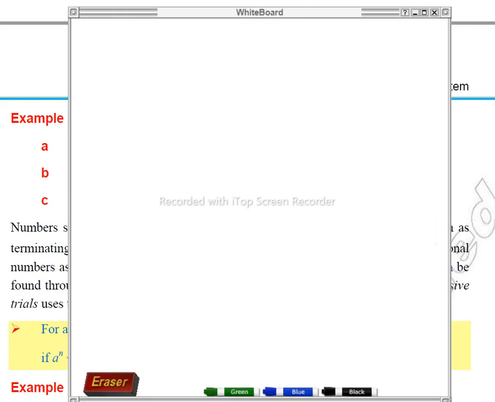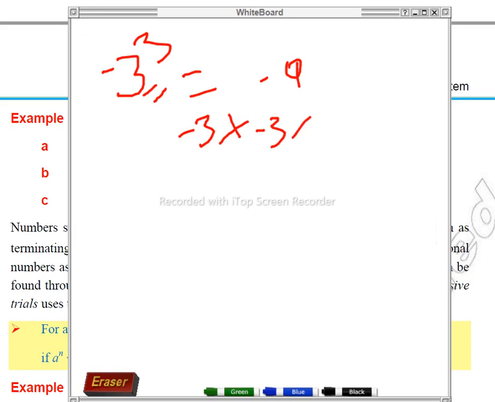Let us take negative 3 to the power of 3. It is equal to negative 27, because this means negative 3 times negative 3 times negative 3.